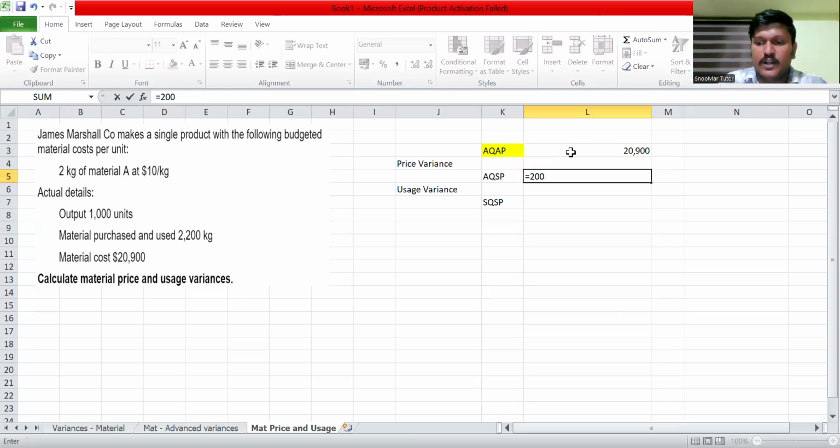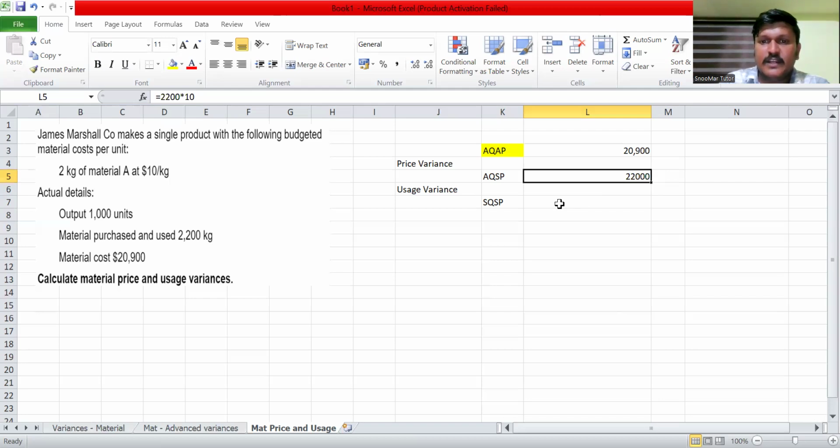So 2200 multiplied by what is your standard price? 10 per kg. So into 10, this would have been your AQSP. Actual quantity multiplied by the standard price of 10.